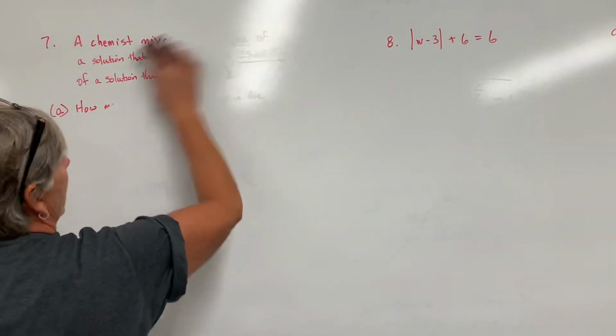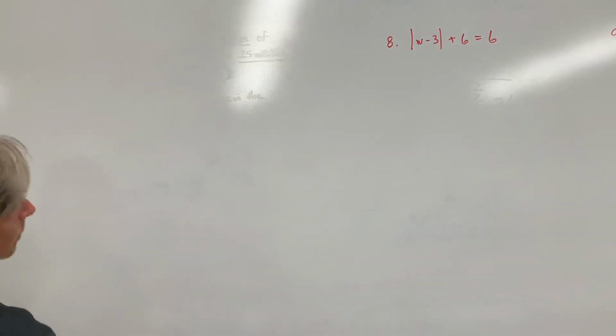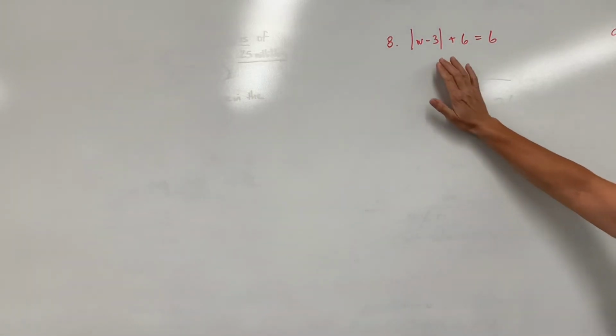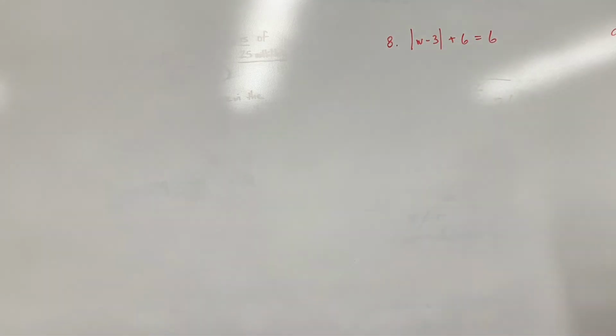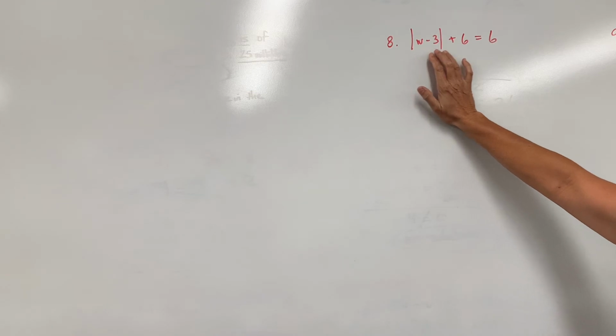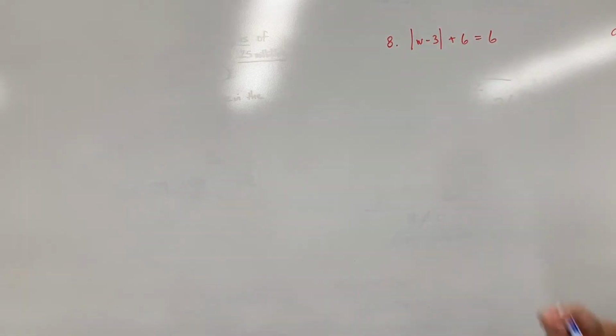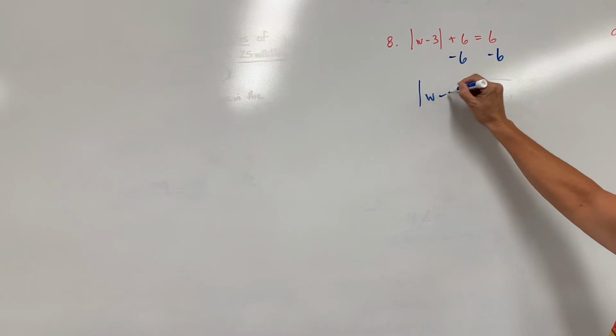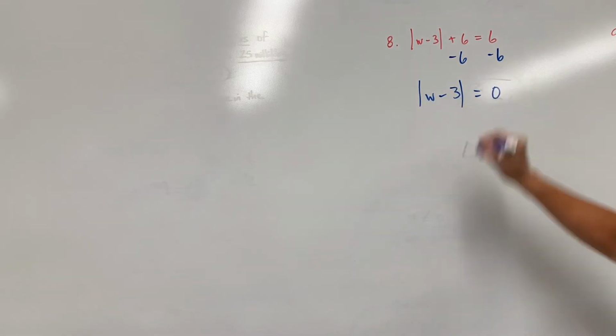The way that we solve these is step 1, we isolate the part that's the absolute value. Currently I have the absolute value of w minus 3. I need this 6 to move to the other side so that I have the absolute value all by itself.